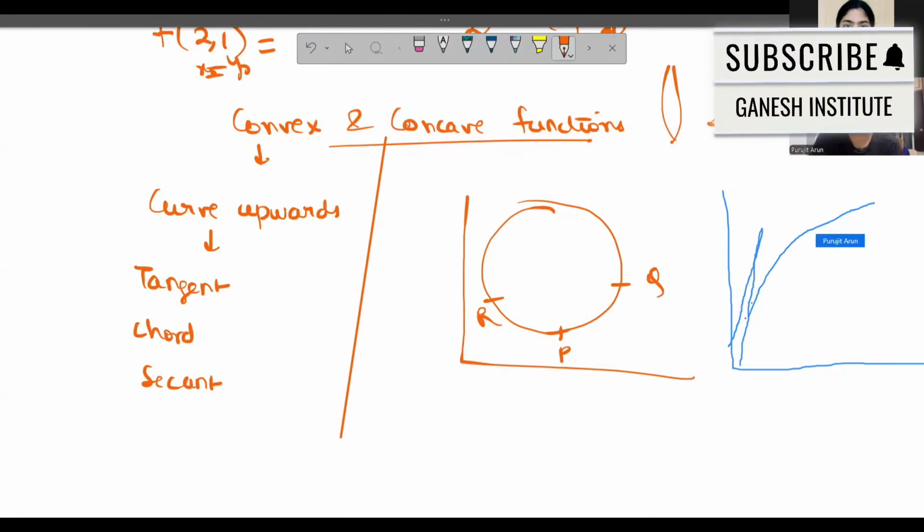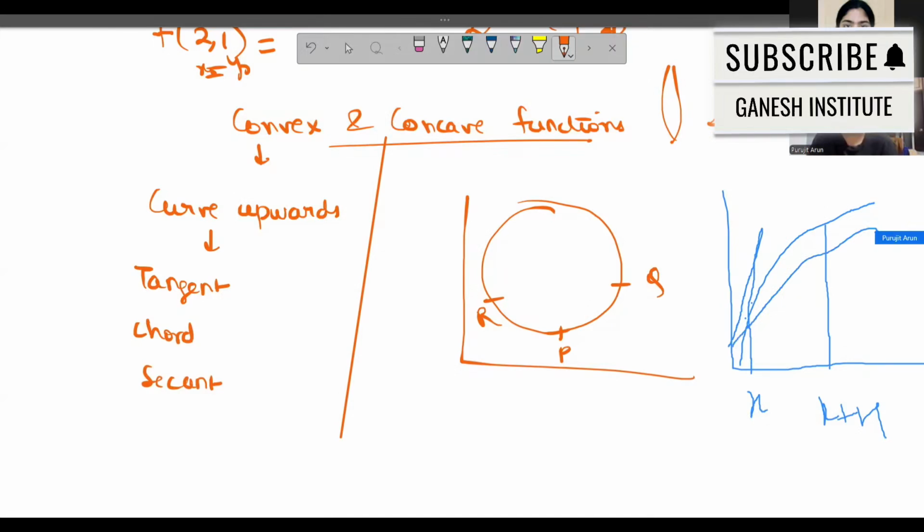Let's say the point is x, and here the point is x plus h, and this is a secant.